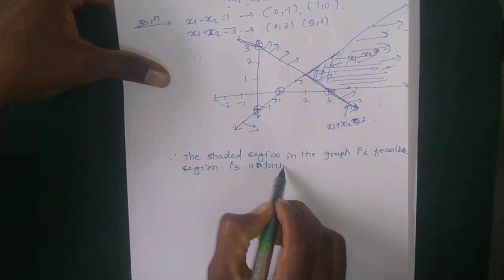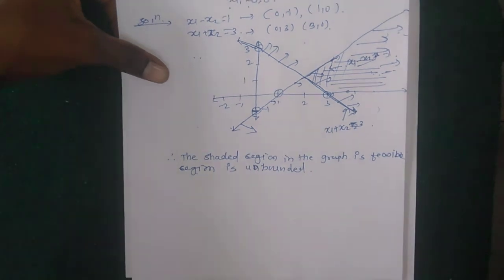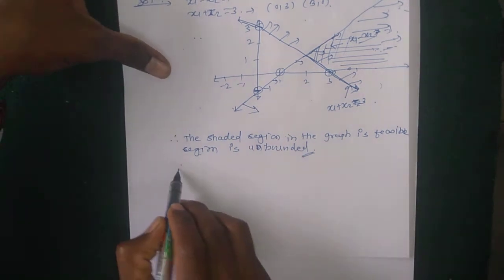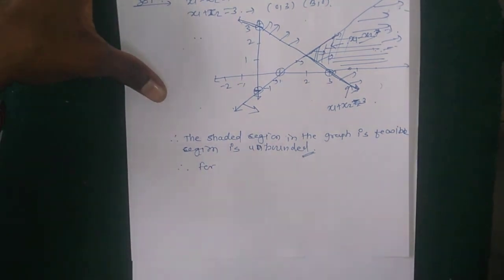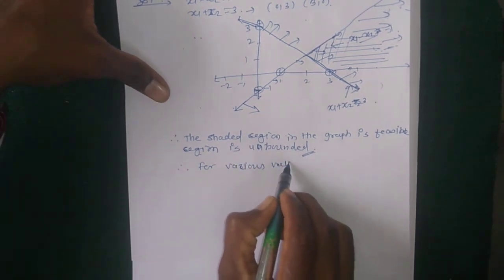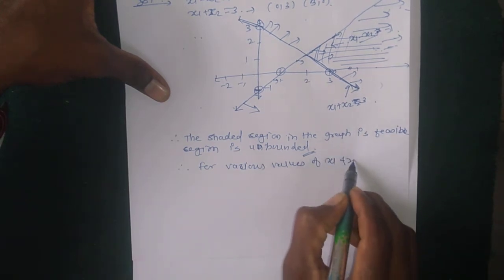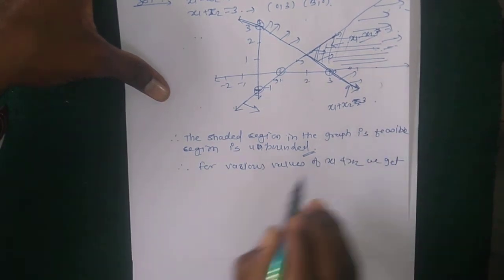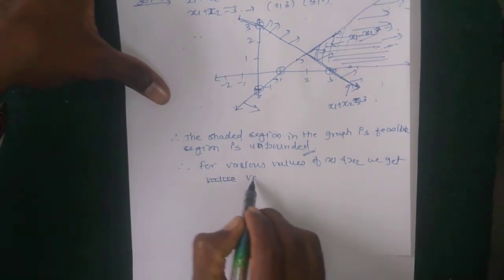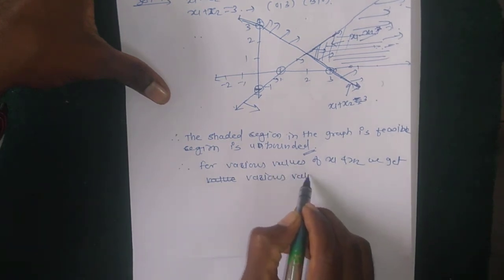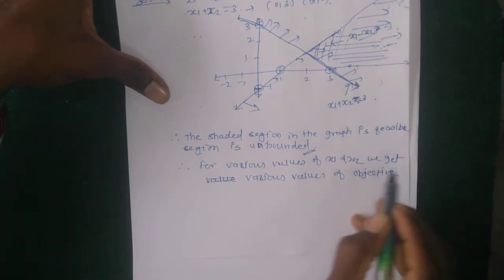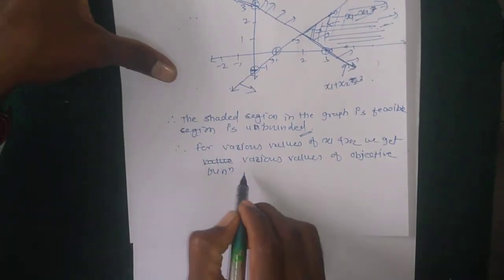This is not a bounded region, this is a very large region, and therefore for various values of x1 and x2 we get various values of the objective function z.